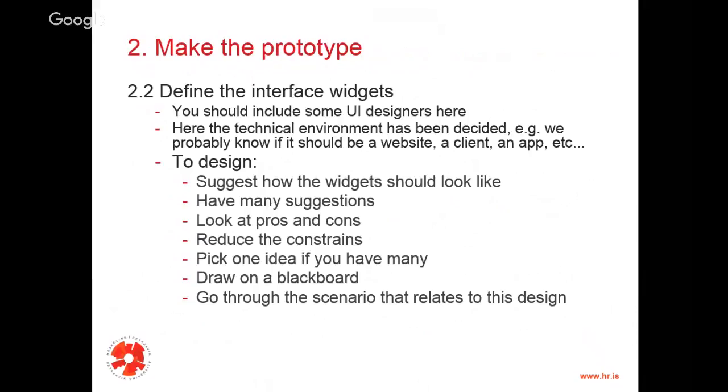So if you have to choose between different things, you often have many different approaches, and you have to look at the pros and cons here, and try to reduce the constraints.